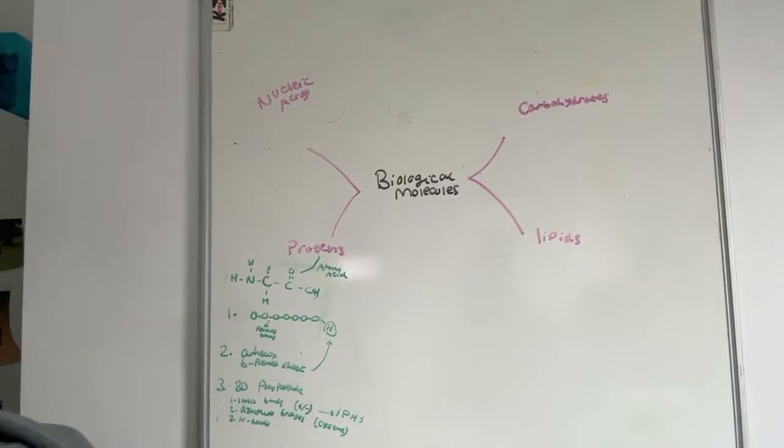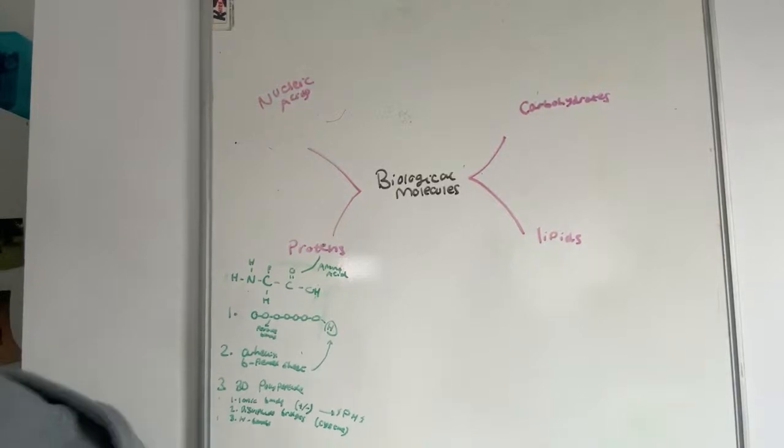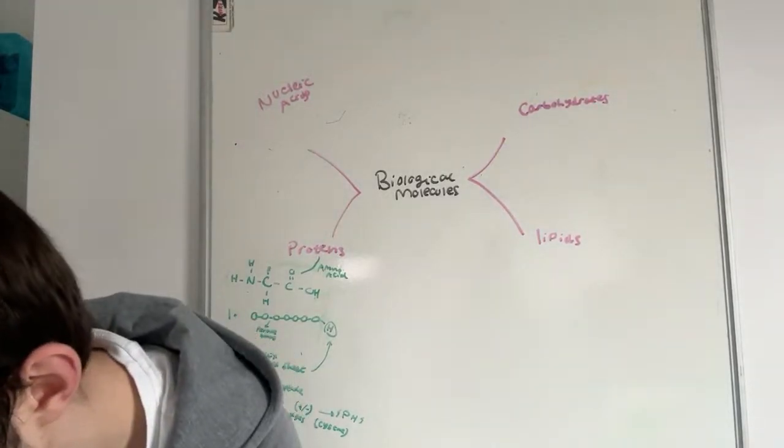Disulfide bridges, they are an important component of the secondary and tertiary. Okay, let's have a look. So from what I can understand here, they are the things that actually cause protein folding.